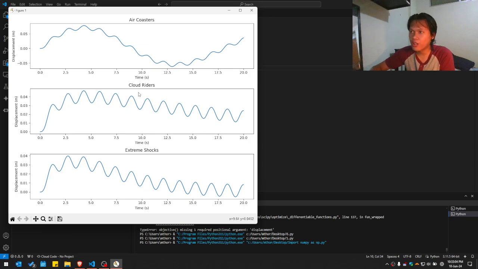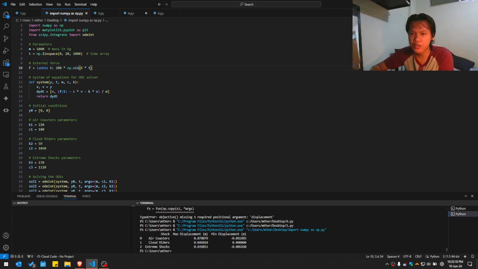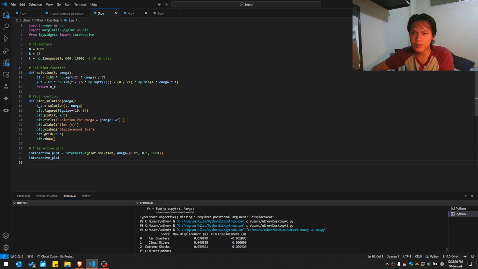For Cloud Riders and Extreme Shocks, it basically has the same characteristics but different details. Okay, so that's it for number two, and let's continue to number three.